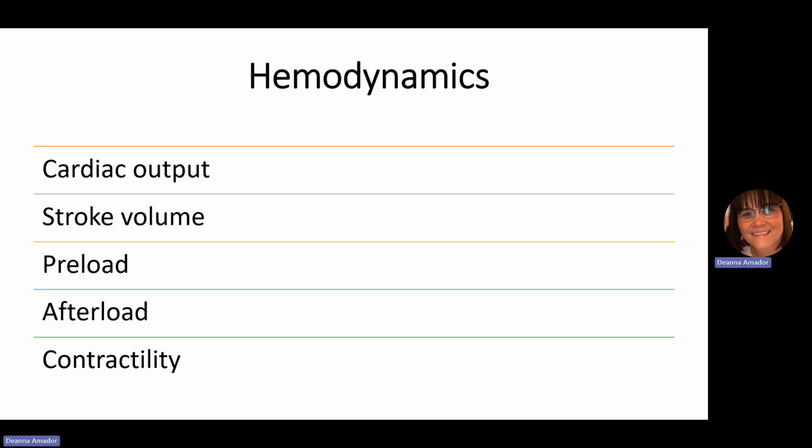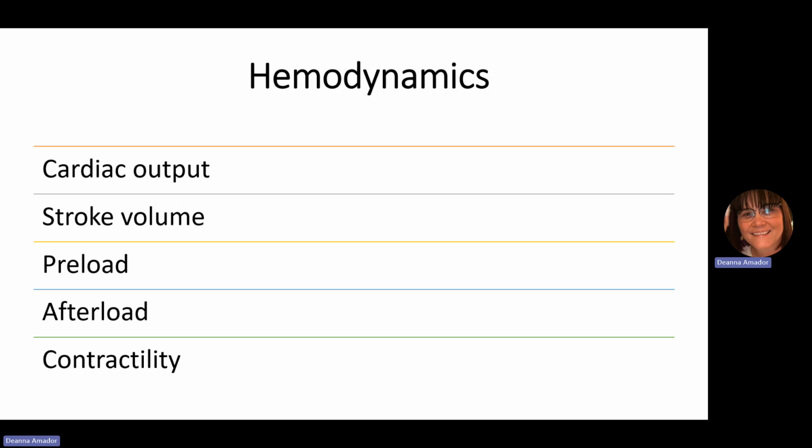And then your afterload is, you should say, resistance, or what your heart has to pump against. So it's the force of resistance the ventricles have to overcome to eject blood out the aorta. So basically, if you think about your blood pressure, people that have a high blood pressure, then you think that their vessels or their arteries and veins are constricted tight, and that would be a high afterload.